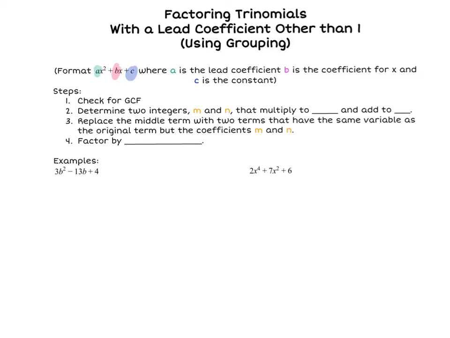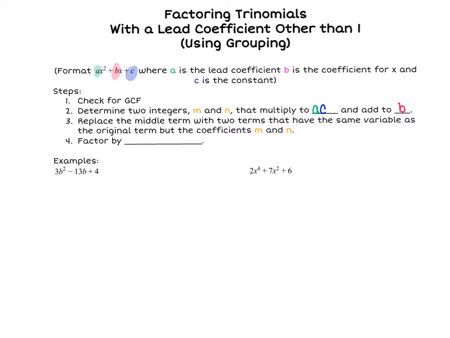Then you're going to find 2 integers, which we'll call m and n, that multiply to give you the value of a times c. Those 2 integers, m and n, not only have to multiply to give you a times c, but they have to add to give you the value of b.